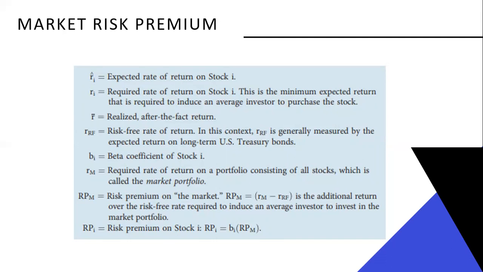And the risk premium is basically the required rate of return on a portfolio of all stocks minus the risk-free rate of return, right? So this is the market risk premium, the additional return over the risk-free rate. So this is the additional risk that somebody is ready to incur.